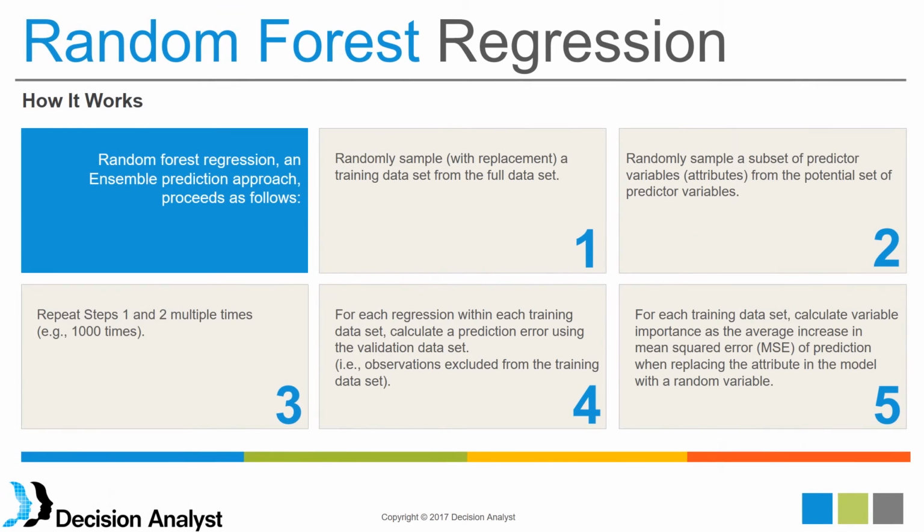And random forest regression, unlike a typical regression model, goes through several steps because there are thousands of models conducted for one analysis. In the first step, the procedure randomly samples with replacement a training data set from the full data set. So you might have 1,000 respondents available for your ensemble prediction, which usually is a random forest is used for that.